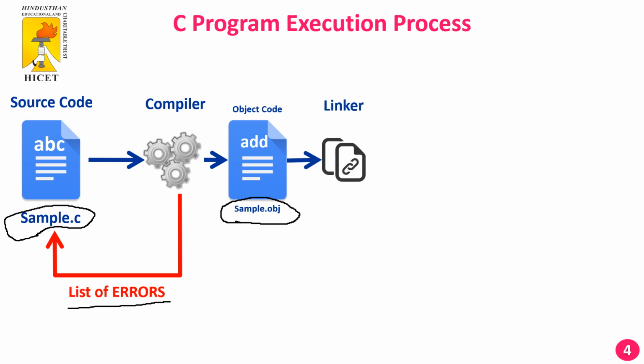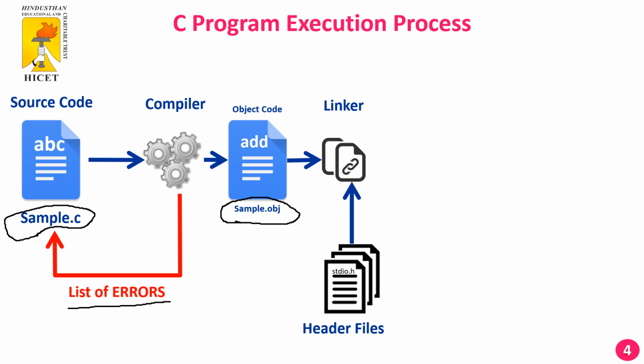After the object code has been created, it is given to the linker. What is the use of this linker? The linker will link all the header files and library files needed for the program. If I have used stdio.h, then that file will be included in the program, and it will be linked by the linker.